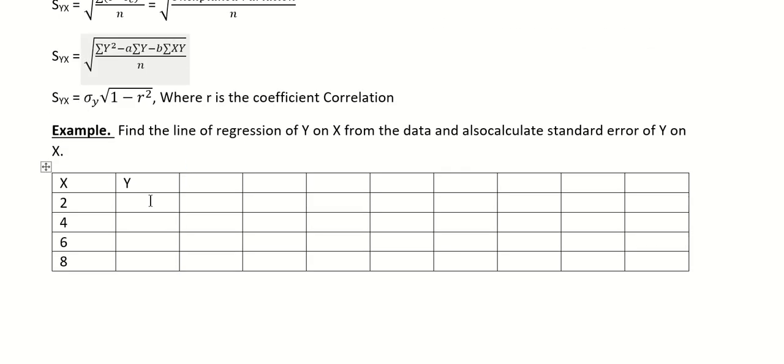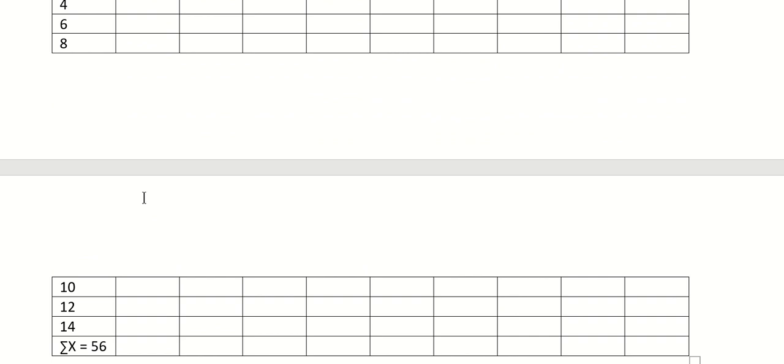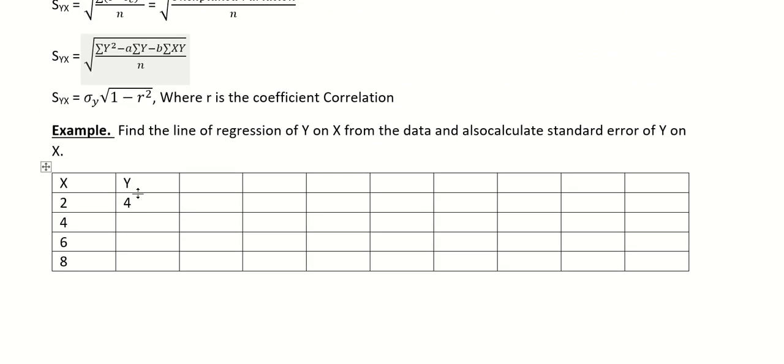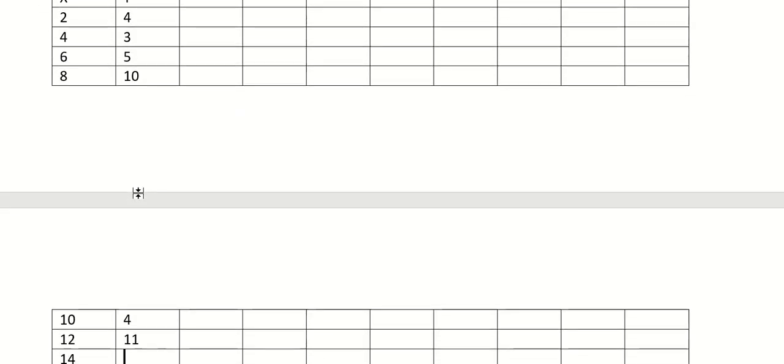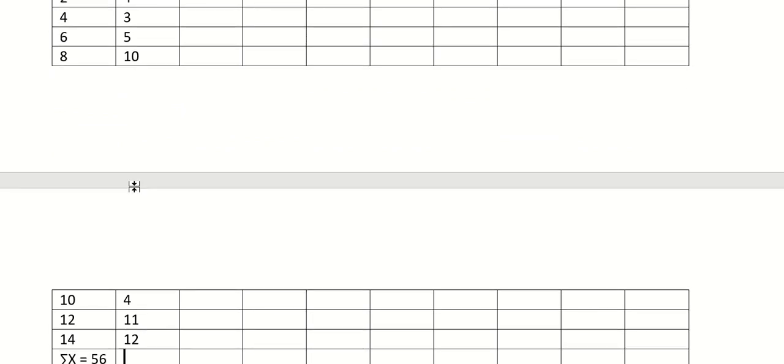Similarly, we have y. So y is 4, 3, 5, 10, 4, 11, 12, and summation of y is 49. So these values are given to us.